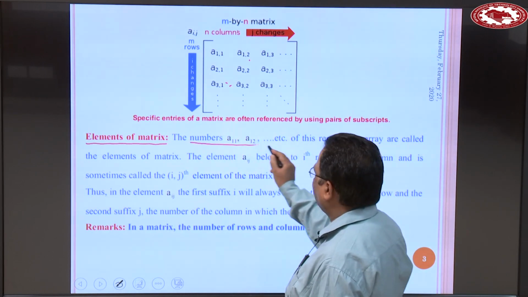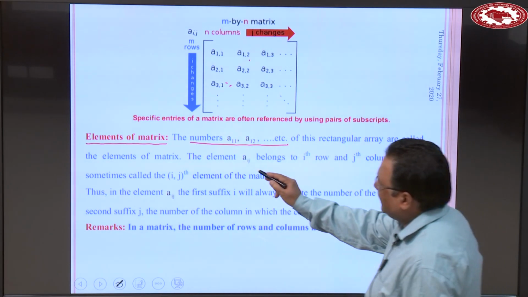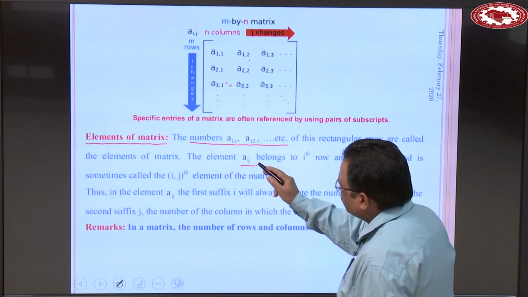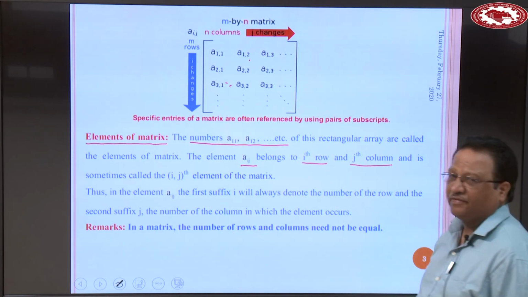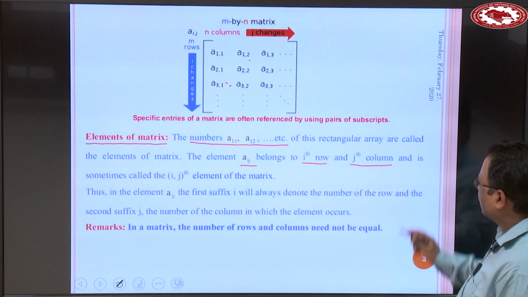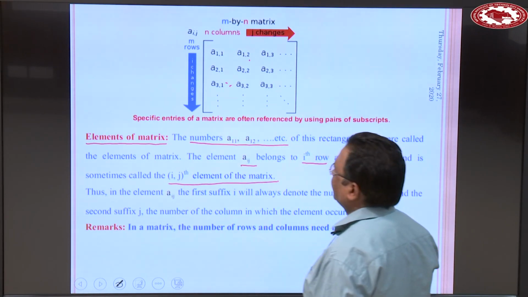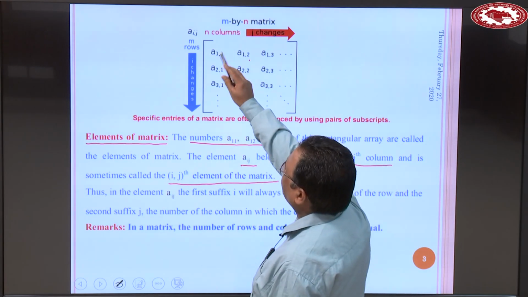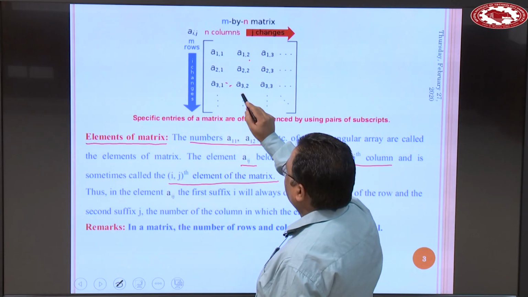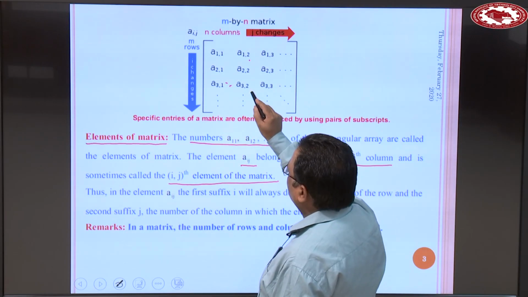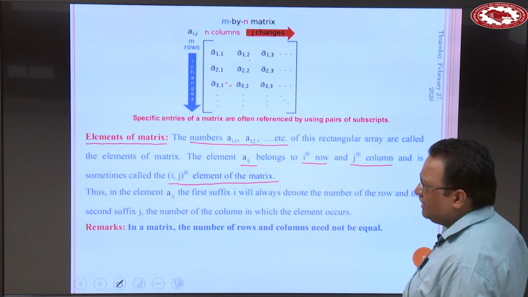And the element Aij means this element belongs to the ith row and jth column, and is sometimes called the ijth element of the matrix. So, this is the 1,1 element of the matrix, the 1,3 element, the 3,2 element of the matrix.